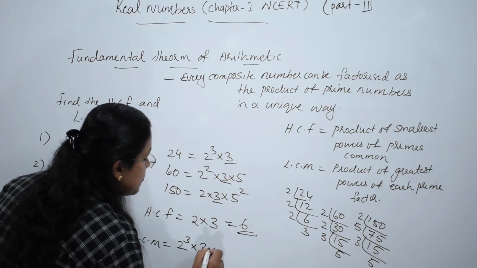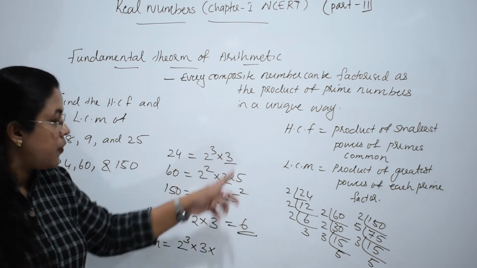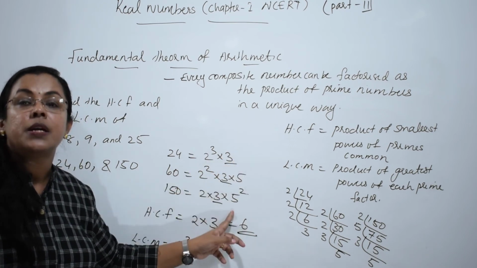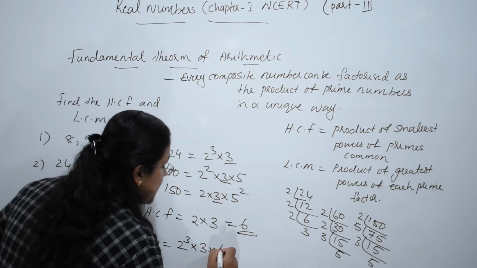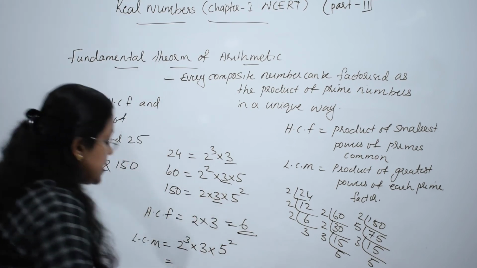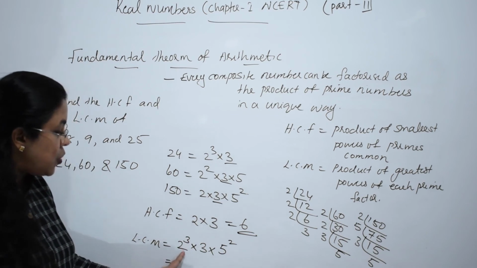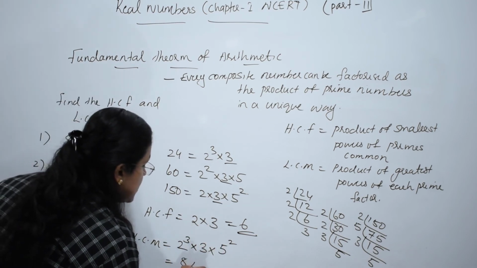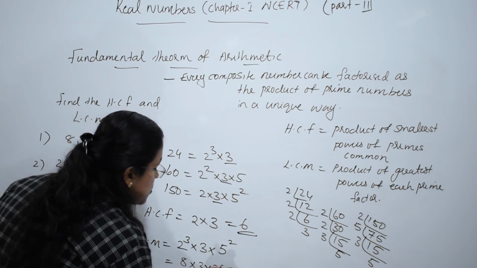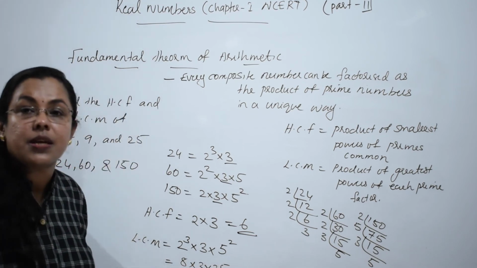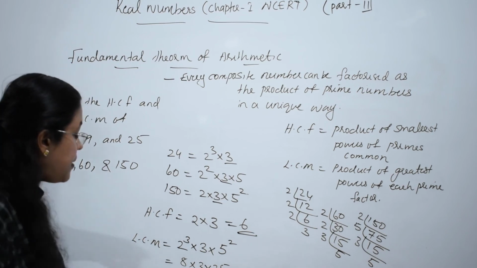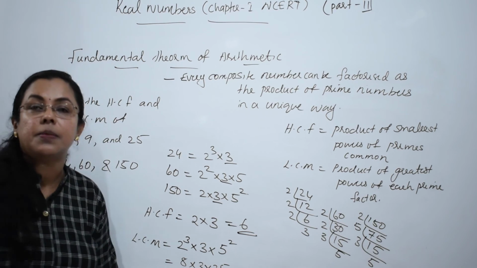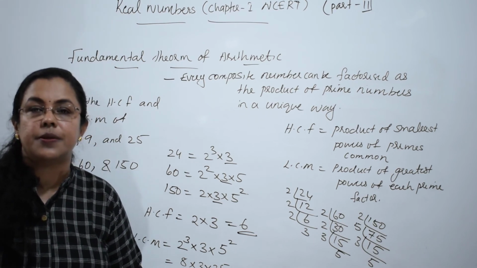That is 3 itself. What is the greatest power of 5? 5 square, 5 raised to 0. Greatest power is 5 square. So LCM is equal to 2 cube into 3 into 5 square. 2 cube means 8 into 3 into 25. 25 8s are 200, 200 into 3, so LCM is equal to 600.